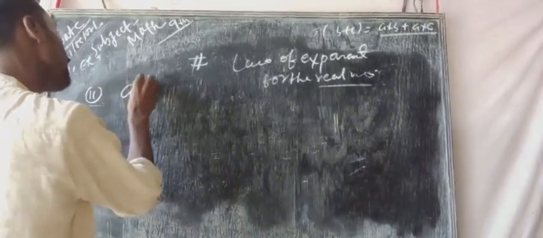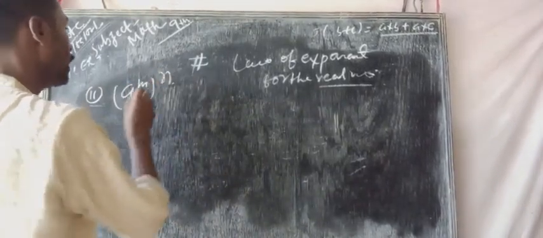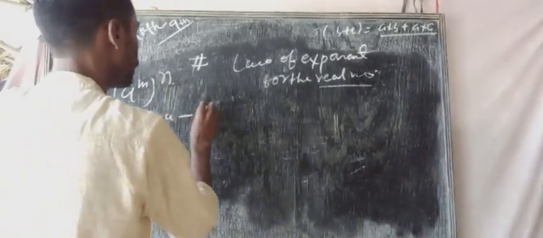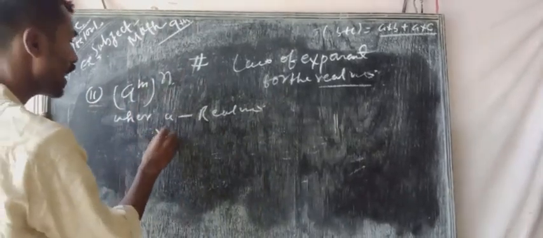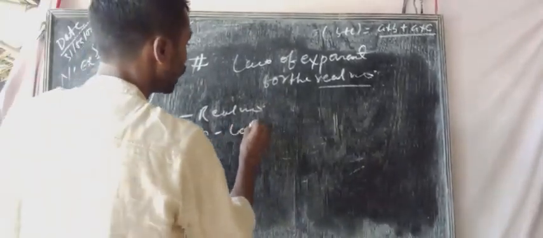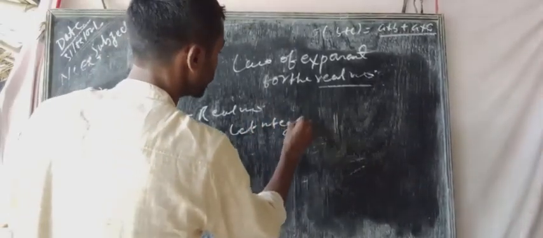Rule number 2. Suppose that a to the power m and a to the power n, where a is a real number and m and n are integers.